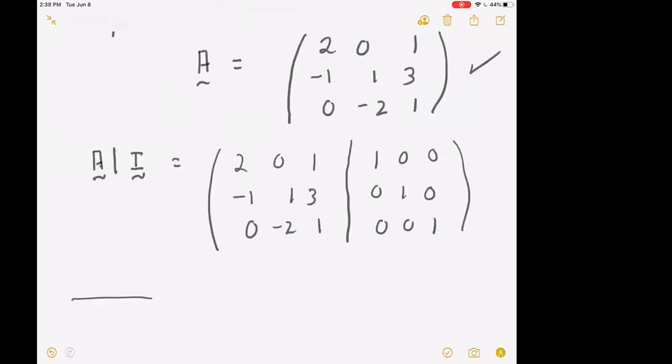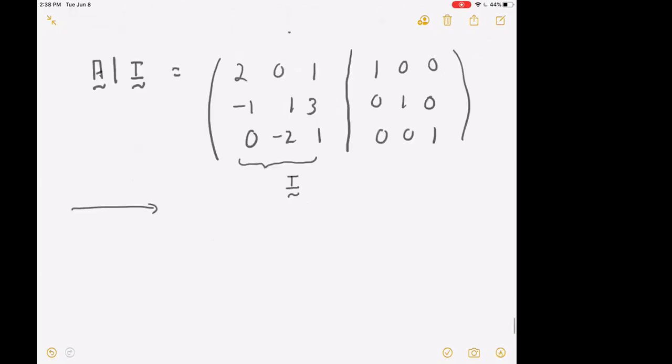And you want to essentially find the necessary elementary row operations that'll turn this object to the left of the vertical bar into the identity matrix. So let's get started. And there are lots of ways you can do this, but at the end, you should all get the same result.